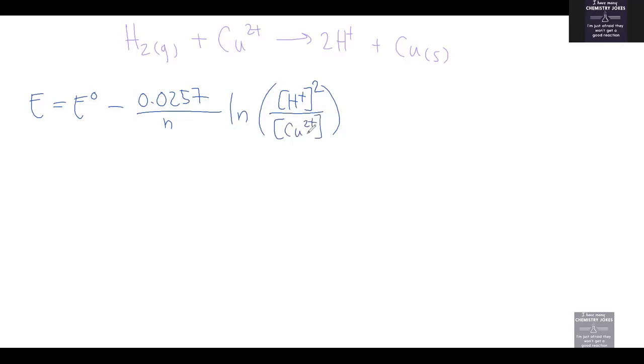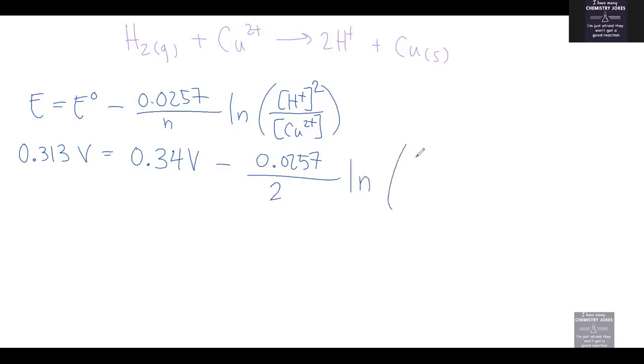I'll get it eventually. So we know that the actual measured voltage is 0.313 volts. Standard would be 0.34 volts. 0.0257, we're at room temperature, so this is legit. There are 2 electrons being exchanged between these guys.